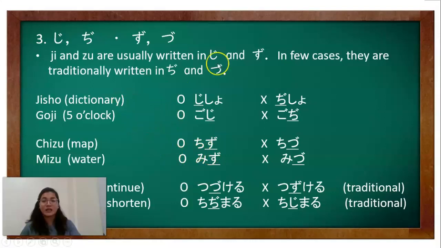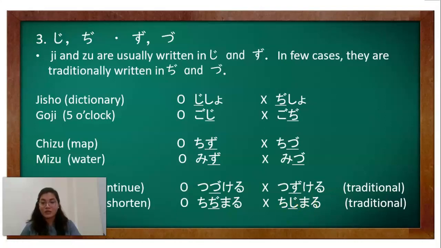So as I said, you can use this traditionally only, for example, tsuzukeru. Tsuzukeru means continue. So this one. Although it sounds just like the upper example, if you put the normal zu, it's still wrong.